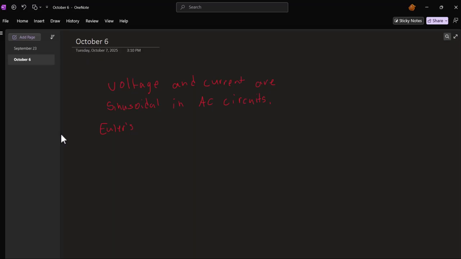Euler's formula, that e to the j theta equals cosine theta plus j sine theta, where j is the square root of -1.